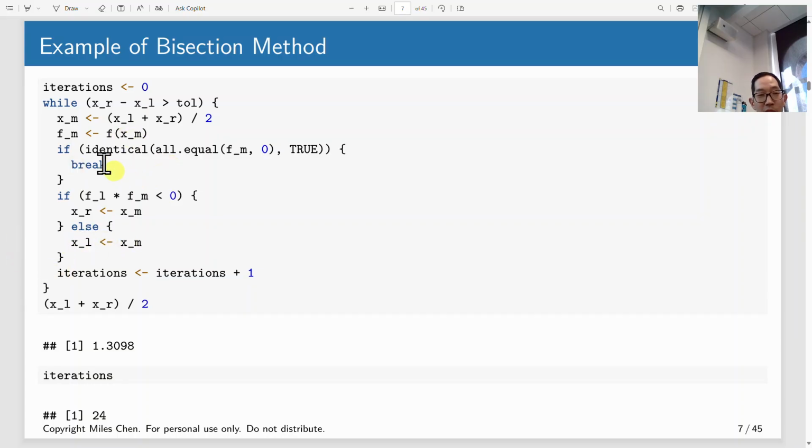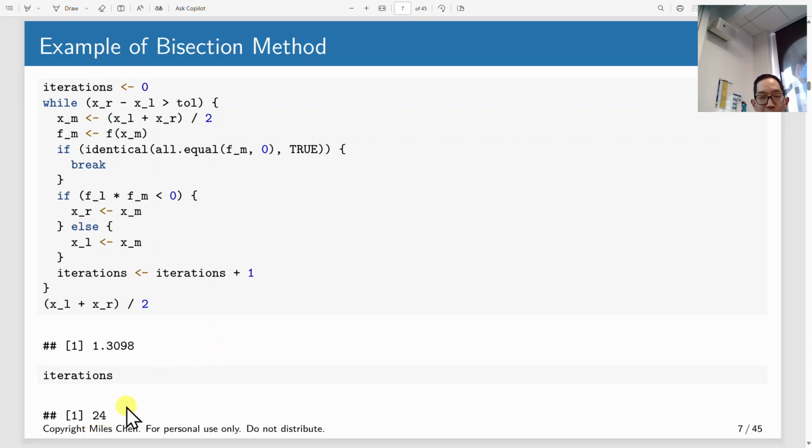And then we just repeat over and over again. We just update our new left or right-hand side of our interval, and we evaluate the midpoint over and over. And when it finally quits out, the midpoint between the left and the right is going to be our answer.